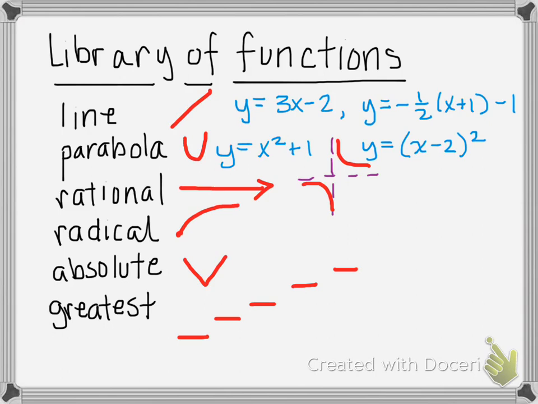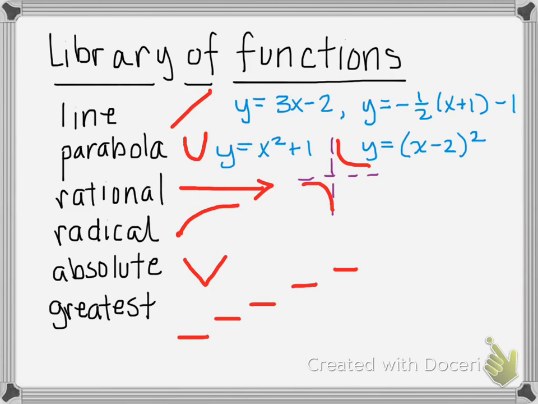Maybe it's hidden in there a little bit. So here I've got the x squared, right? So I know that's a parabola. Now this one, I don't have the x squared, but I know that if I expanded this and applied this 2 here, I'm going to end up with x squared. So it's going to be a parabola. And so I'm recognizing the family of functions that are parabolas.